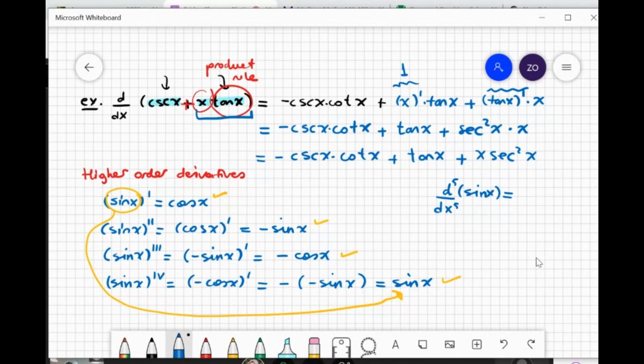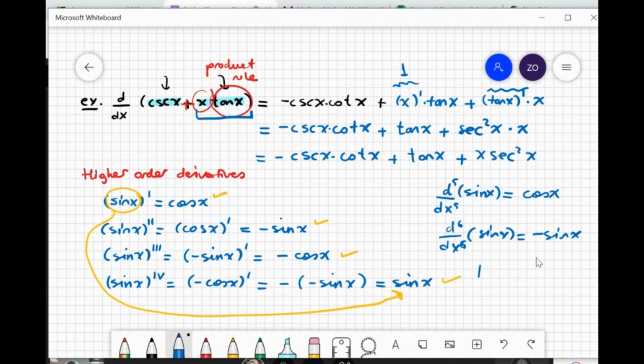So the fifth derivative will come back and be equal to the first derivative, which is going to be cosine x. So the sixth derivative of sine of x will be the next one. Sorry, this is the sixth, which is negative sine of x.